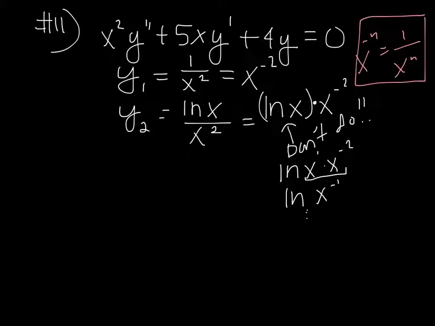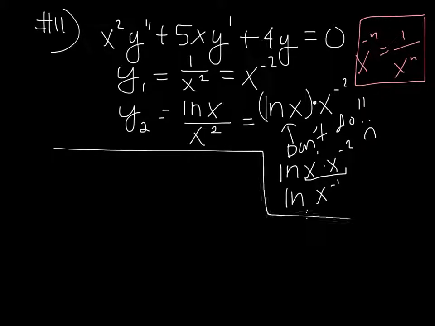This is wrong because ln doesn't make sense without an input. This is a function, ln of x, so the ln has to go with some variable. To avoid any mistakes, I encourage you to put parentheses around this. So I don't want you to get confused. Okay, don't do that.